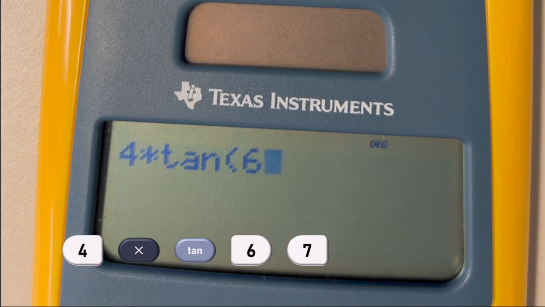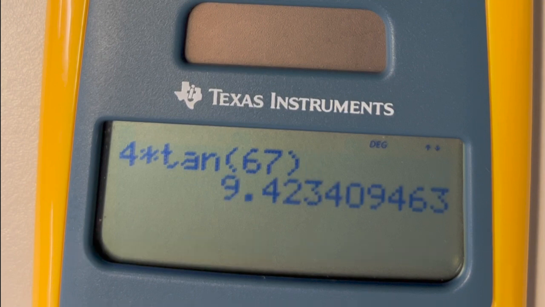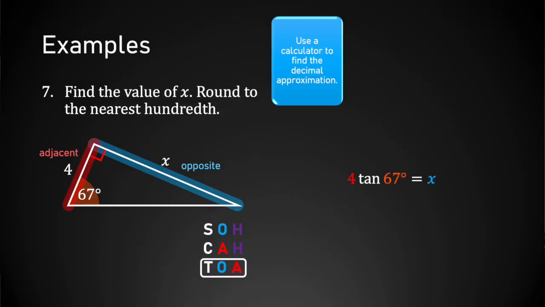I type 6, 7, closed parenthesis, enter, and it gives me 9.4234 something. Because the problem says to round to the nearest hundredth, we're going to write 9.42. If the next digit had been a 5 or higher, we would have rounded up to 9.43. Also, I didn't have to press the times button. I could have just done 4 tangent of 67 degrees and it would calculate the same answer.